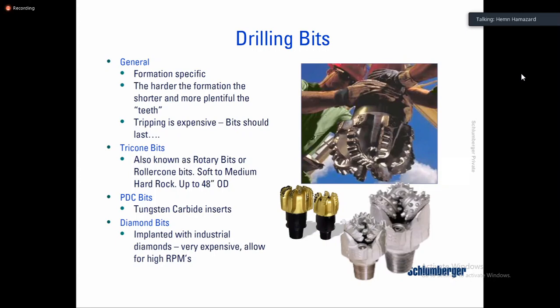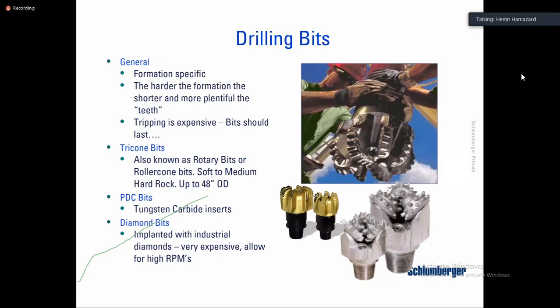The bit can stay in the hole for 10 days, but that doesn't mean it's the best bit if it cannot drill like what you want. So you select any bit mainly according to the formation specification, and like I said, it depends.